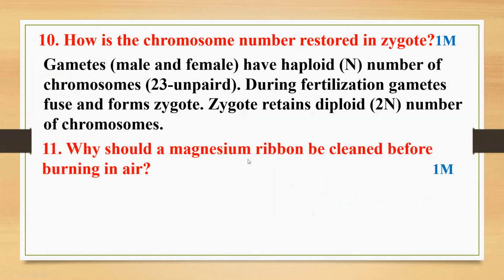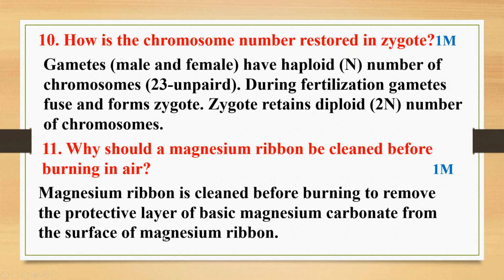Why should a magnesium ribbon be cleaned before burning in air? This is also a very important thing. The magnesium ribbon is cleaned before burning to remove the protective layer of basic magnesium carbonate from its surface. An uncleaned ribbon exposed to air combines with substances like carbonate, forming magnesium carbonate.